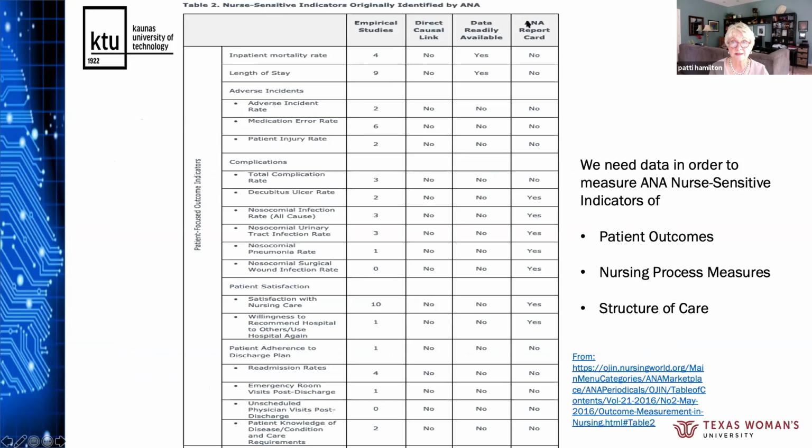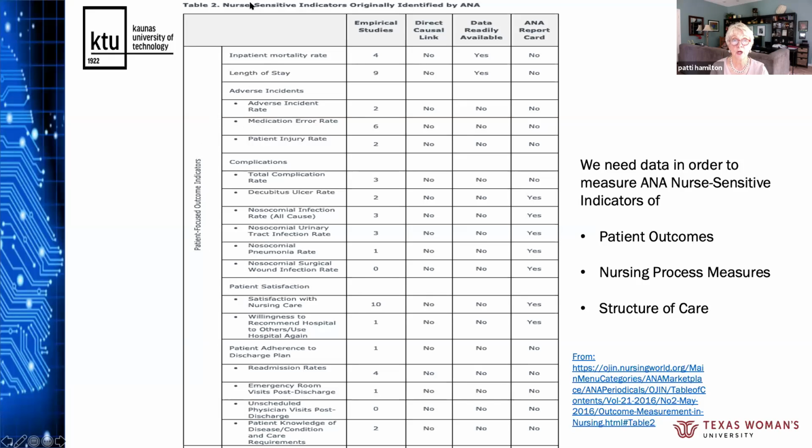One thing she does there that is so interesting to me is she goes back and looks at the history of our attempts to gather information about what nursing actually does. Early on, the American Nurses Association put together outcome indicators, and these are the patient-focused outcomes in this slide, such as length of stay and adverse events and nosocomial infections and so forth.